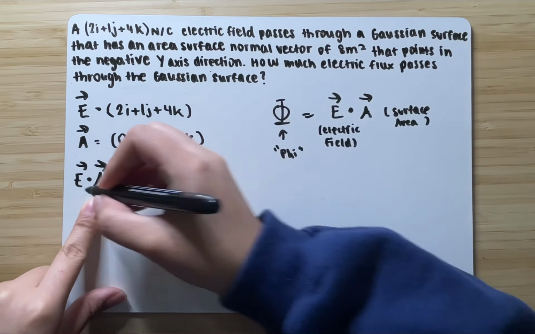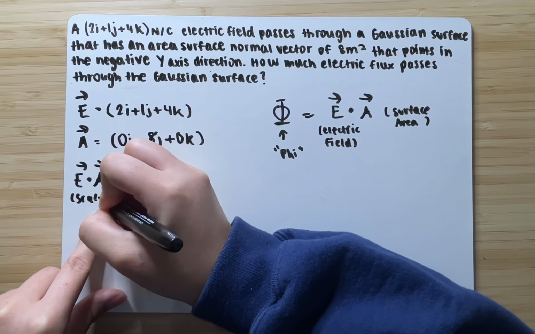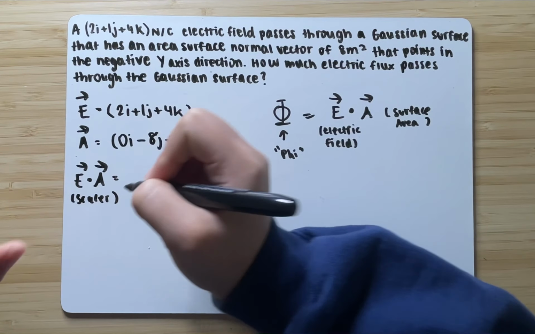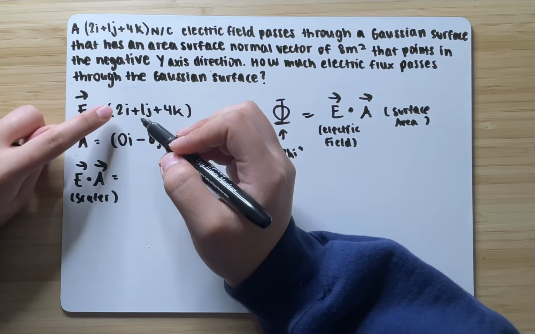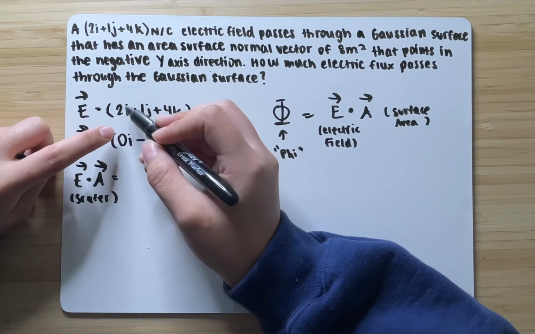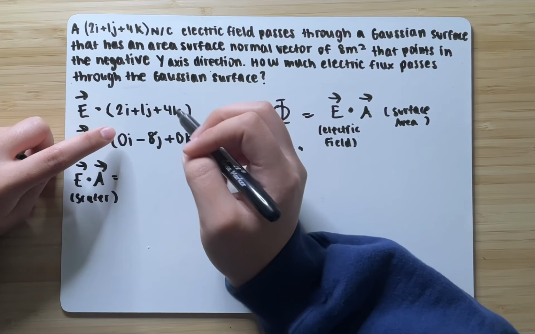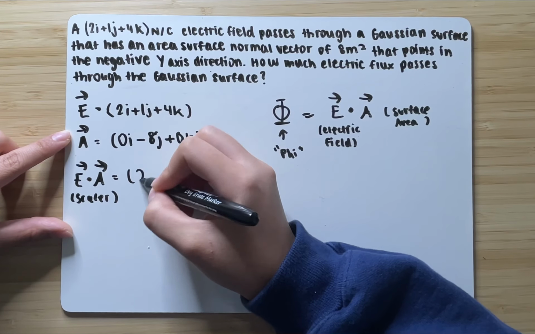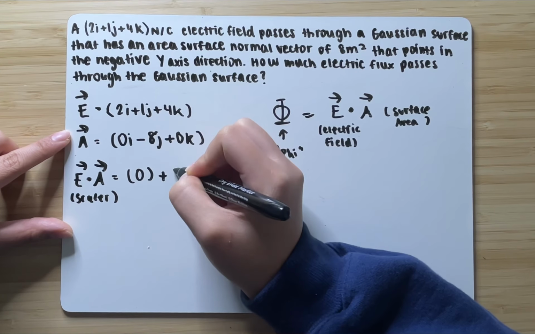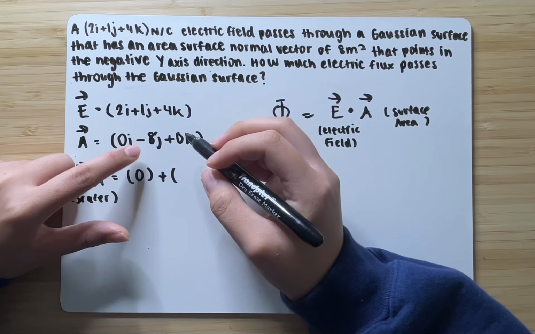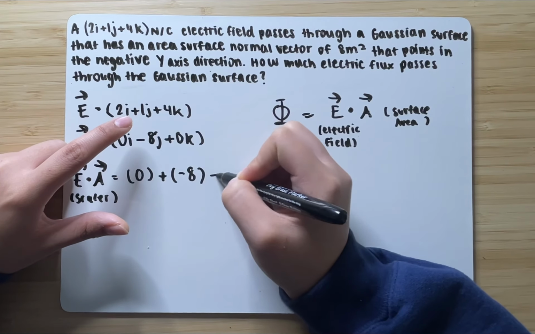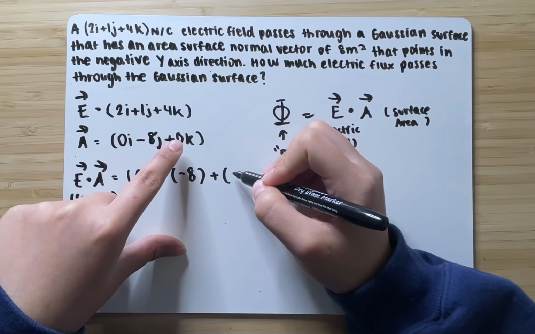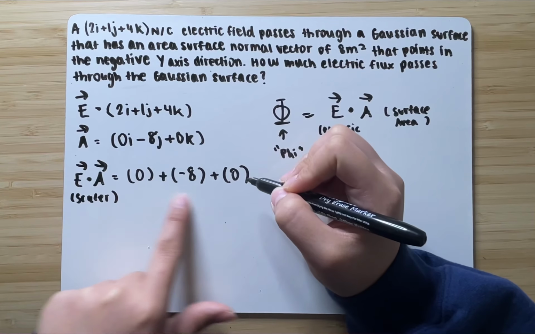So this is going to be scalar, meaning it's going to have a result of only one number. So you multiply these two, the i components together, the j components together, and the k components together. So 2 times 0 is 0, plus a negative 8 times 1 is negative 8, plus 4 times 0 is 0. So you have this, okay?